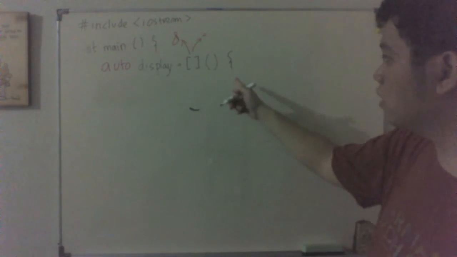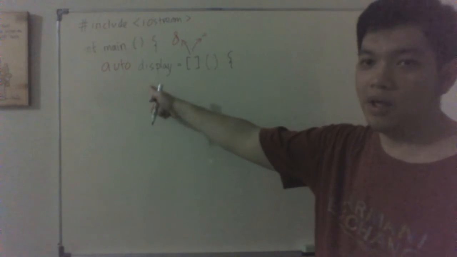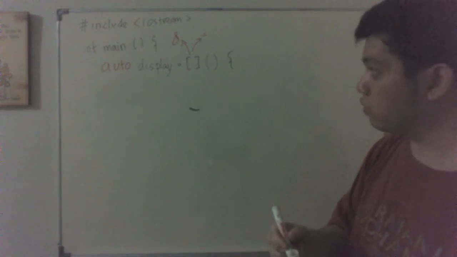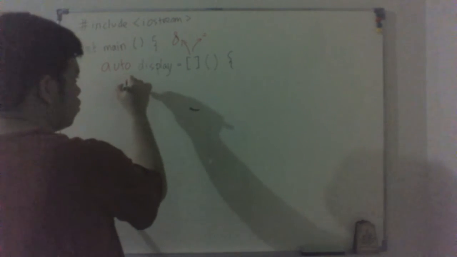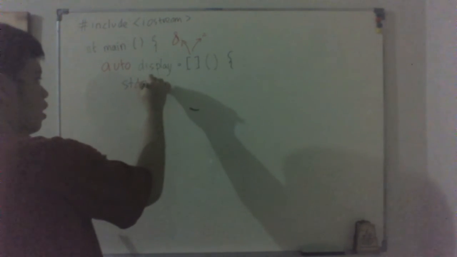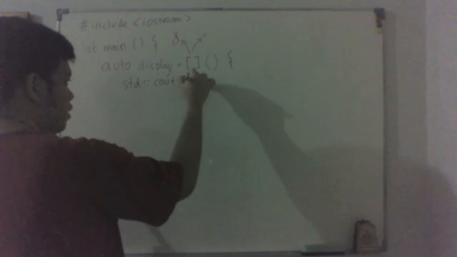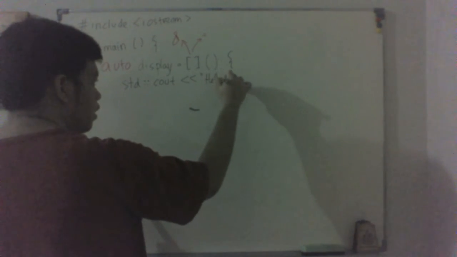So inside of here, I can press enter and then begin to do the coding starting right here if I want to, which I'm going to do right now. I can also do it over here, std cout, and then that hello world thing.